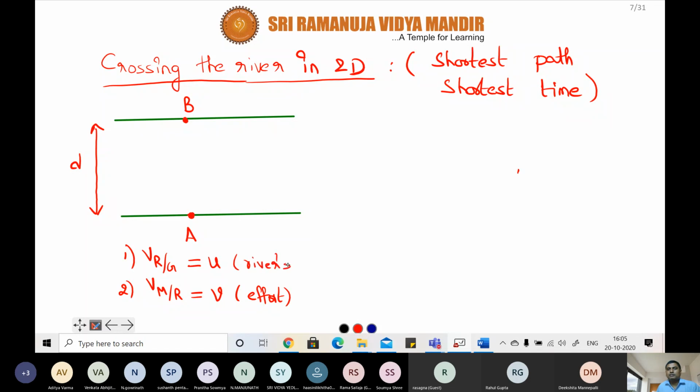The final velocity of man with respect to ground will always be his effort plus reverse effort, vectorially.